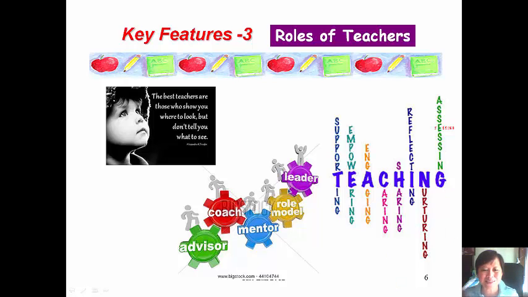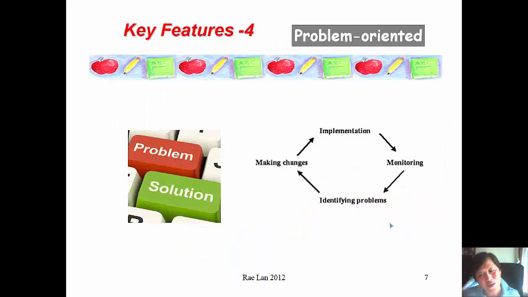I found this very nice quote here. It says, the best teachers are those who show you where to look, but don't tell you what to see. And in the middle, you can see the different roles of teachers. They are our leader, our role model, our mentor, our coach, and our advisor.